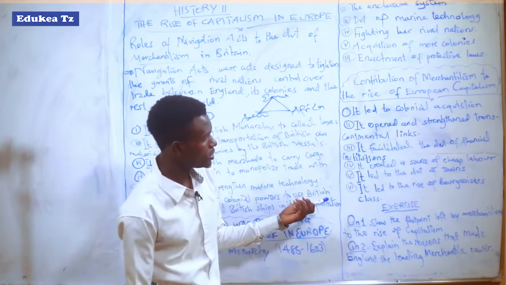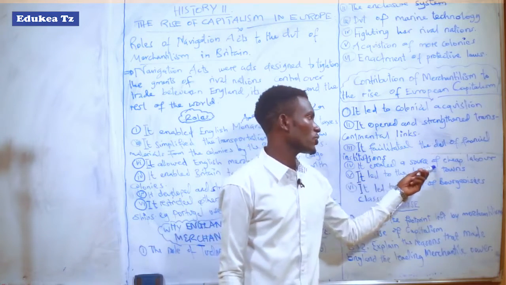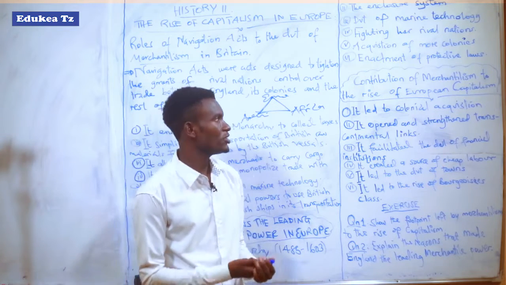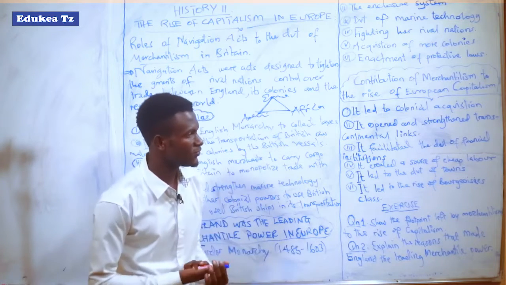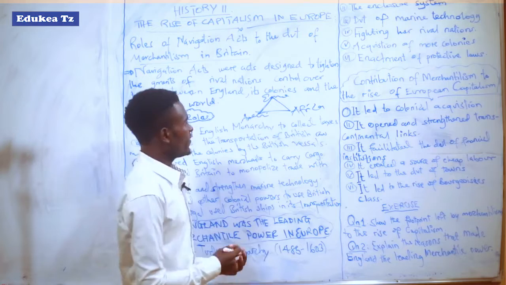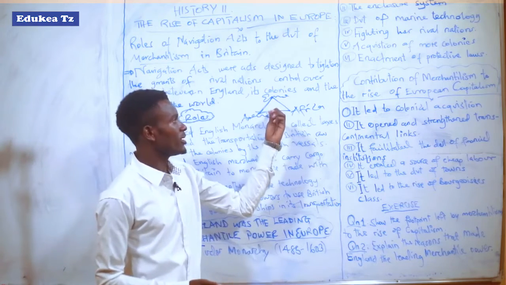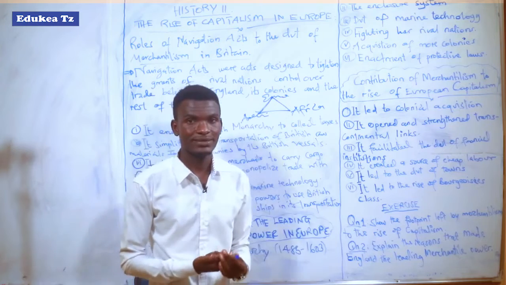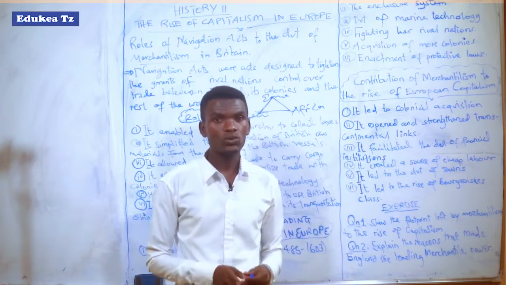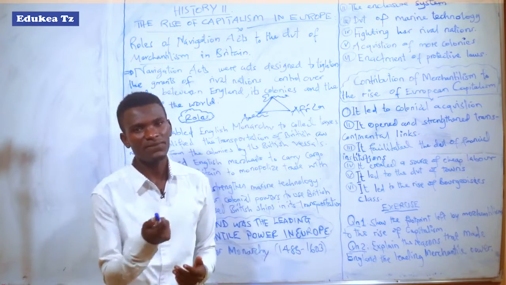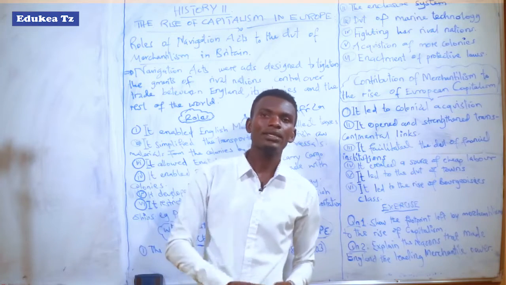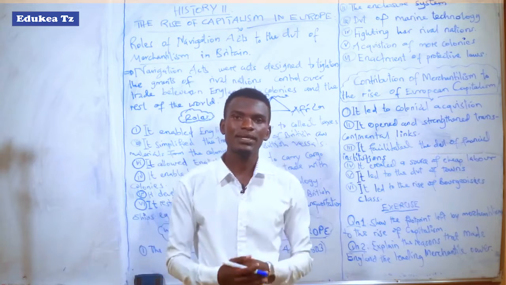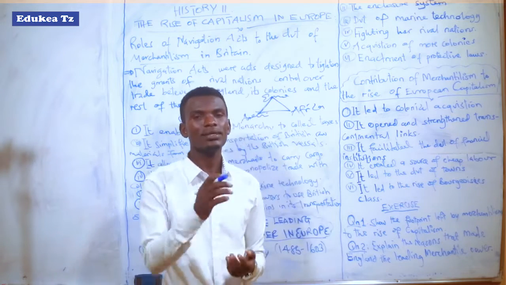Another contribution: it created a source of cheap labor. We have to remember that during the transatlantic slave trade, many Africans were transported from Africa to America and the Caribbean islands to work in plantations and mines, as well as industries.